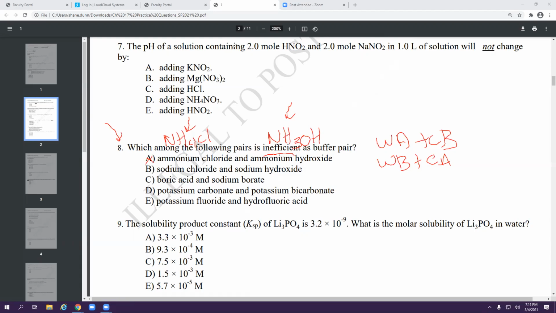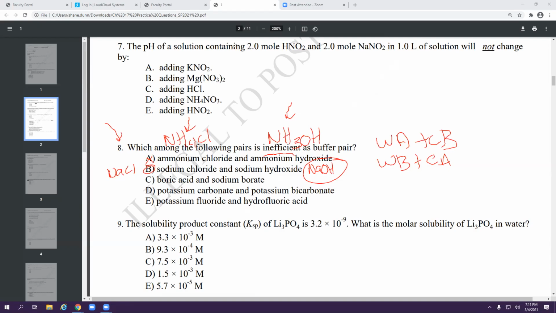Sodium chloride, NaCl plus NaOH. Strong or weak? NaOH is strong. Is that going to make a buffer? Nope. That's the answer. The rest of them, I'm not going to do, because you guys want to practice drawing these things out.